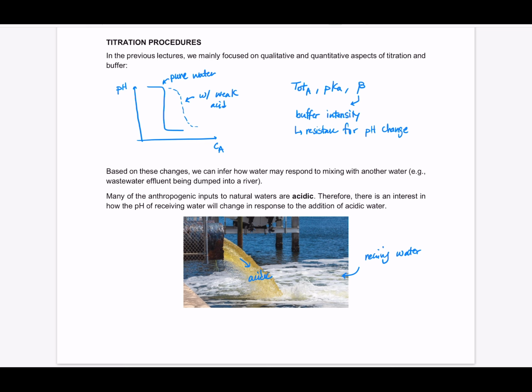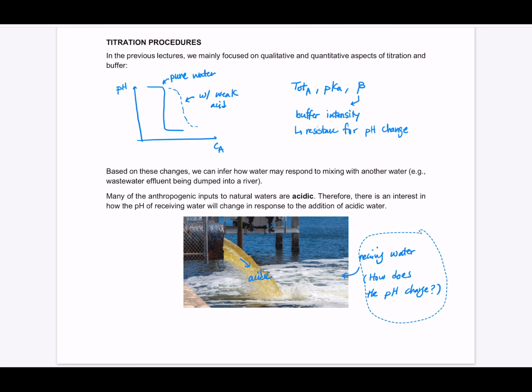So what we're interested in is how the pH changes. We answered this kind of question through the last two lectures.